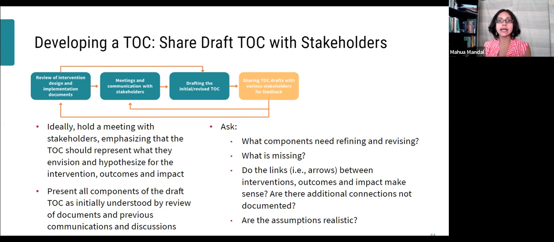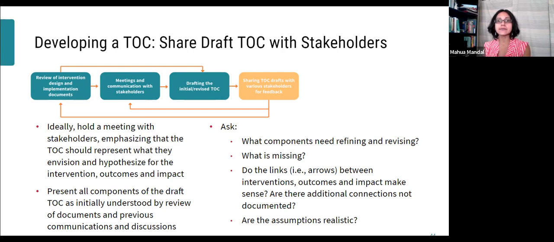And the point is to emphasize that the theory of change should represent what the stakeholders envision and what they are hypothesizing for the impact, outcomes, and interventions. So during this meeting, you usually present all the components in the draft theory of change as it was initially understood by the team and by the stakeholders through review of documents and the previous communications and discussions.